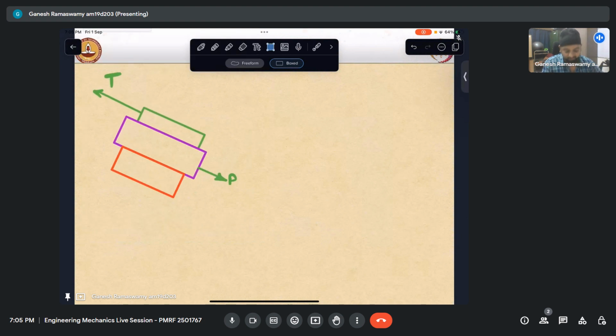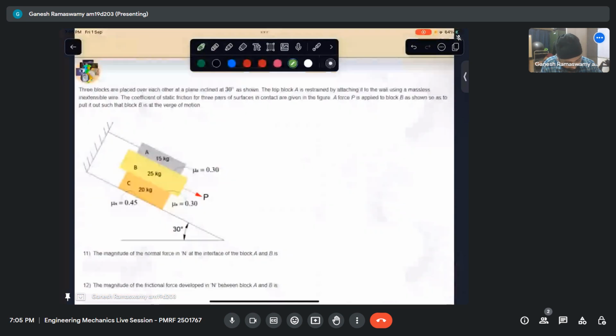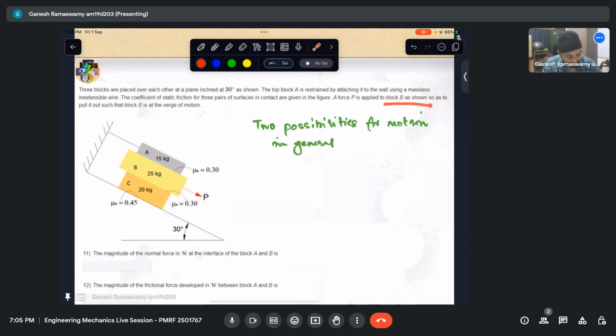Now let us separate. When we apply force P, there are two possibilities for motion in general, not considering the comment made in the question that B is at the verge of motion.